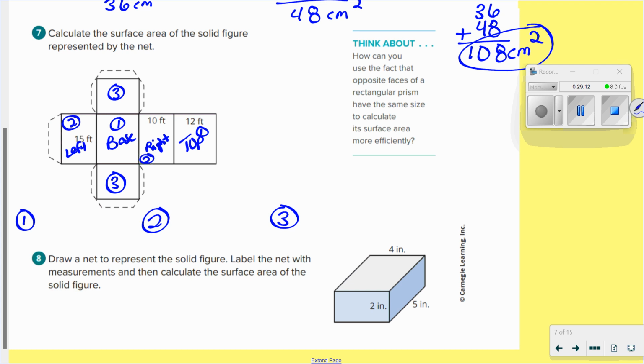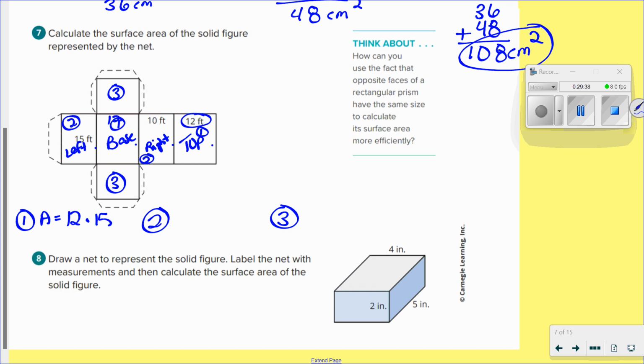Let's talk about our ones. Our base and our top. What is the length of our base? 12. If this is 12, that means this one is 12 because they are the same. Yes? And what is the width of my base? 15, because 15 is for all these lines.